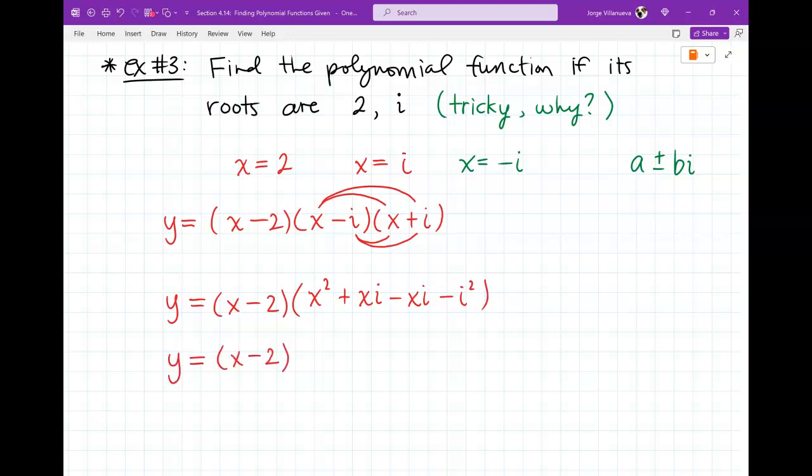Let's clean it up a little bit. Positive xi minus xi, that cancels. And what's this going to come out? Negative i squared. Isn't that negative of a negative 1? Because i squared is negative 1, right? So that's actually 1.